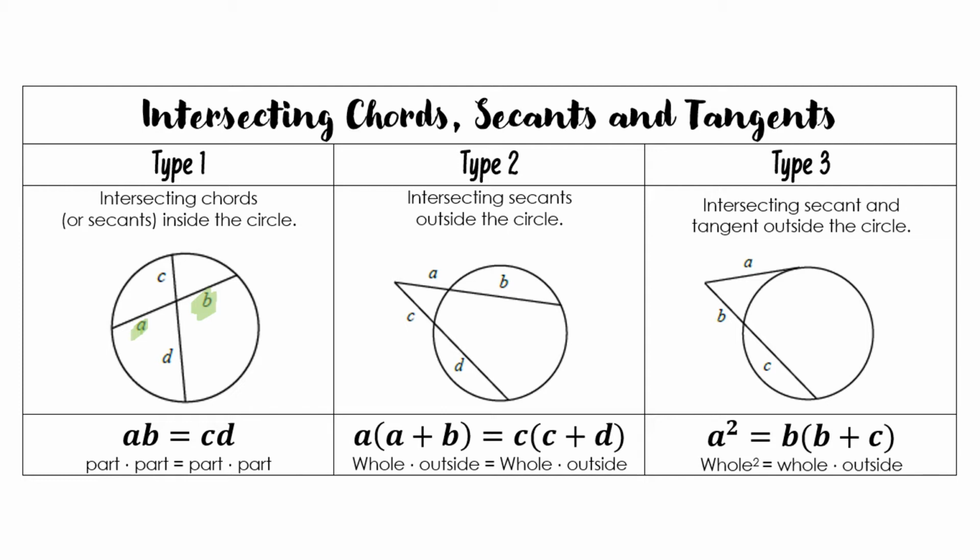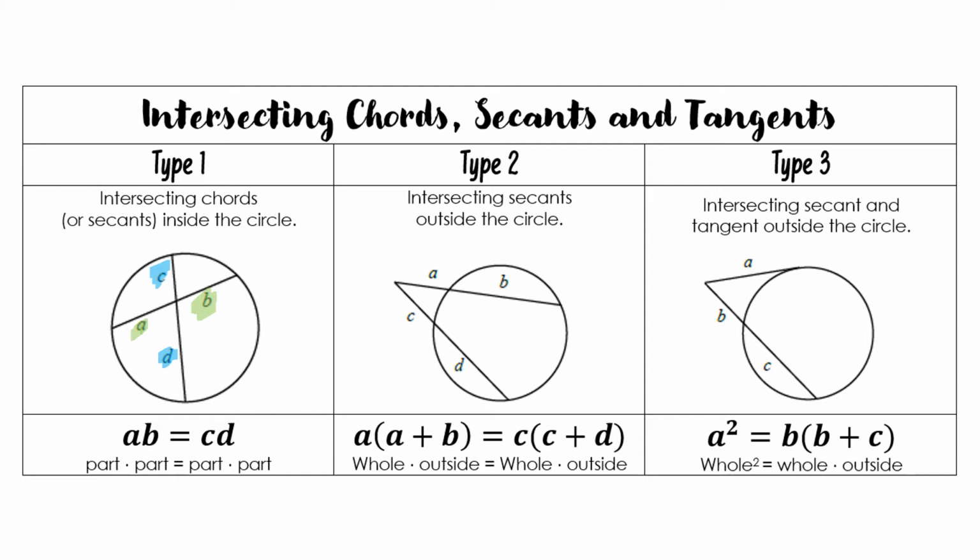And then you will set it equal to C times D, which are the other two parts of the other chord. Another way that you can look at that, instead of using variables, is you can say part times part equals part times part.